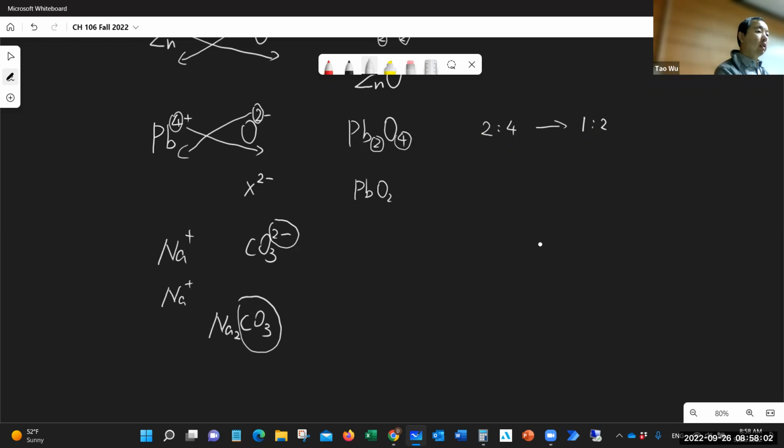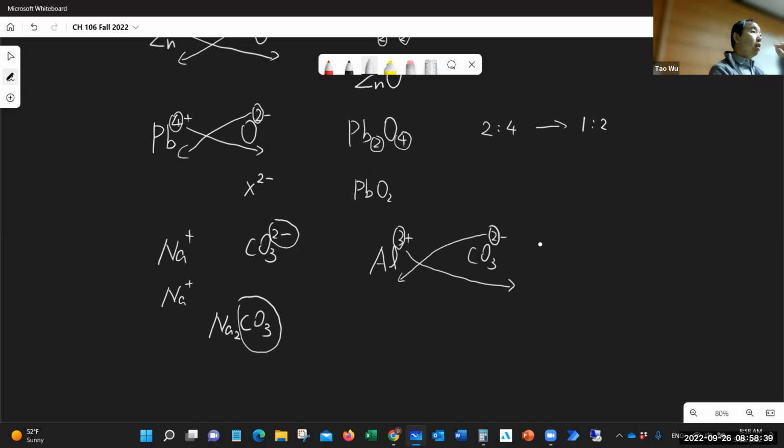Then let's look at another one that's gonna be more complicated. Aluminum has a 3 positive charge. Carbonate has a 2 negative charge. Then what are we gonna do? We're still going to follow the rule. The 3, you're going to move underneath over here, and the 2, you're going to move over here. Which means you're going to have 2 aluminum ions and 3 carbonate ions.